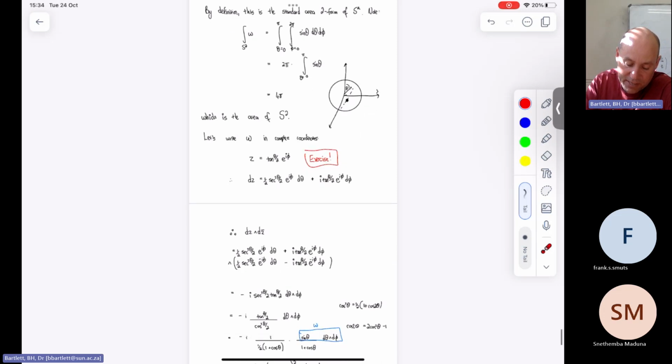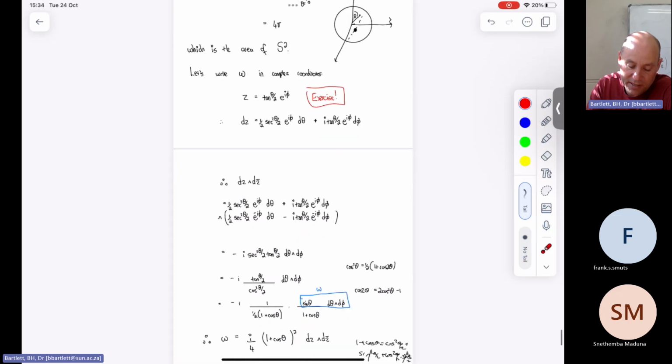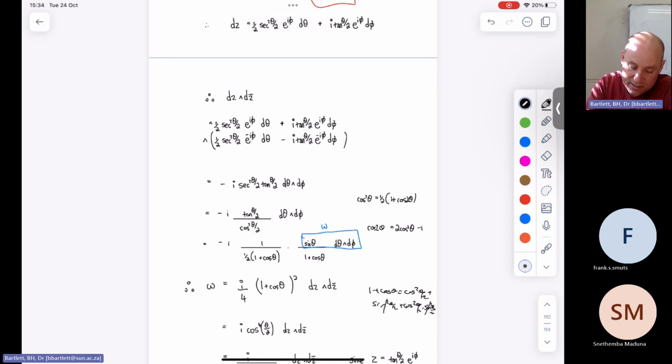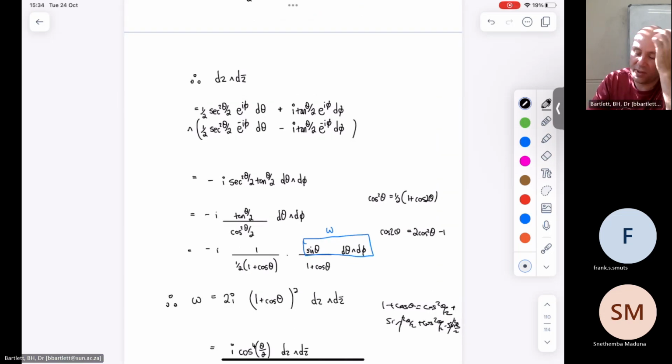And I found that dz wedge dz bar basically had a part that looked like omega in it. So I could solve for omega here, and then I should get this expression here. And I think I've now got to put a 2i in front there. Okay, I hope you guys agree with me. I might have made a mistake here. If so, point it out.